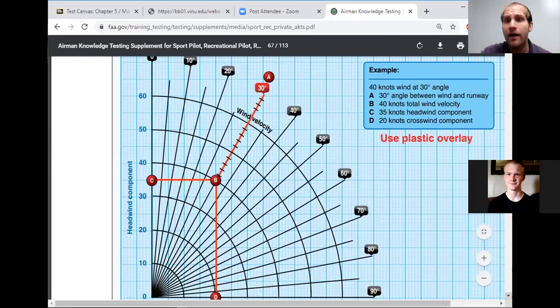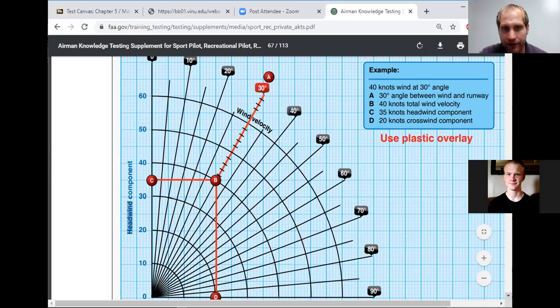We said that we think we should land on runway 14. We know that the wind is from 180. So that is a 40 angle difference. So right here is 40 degrees, and that is going to be the angle difference between the wind and the runway. Over here on the y-axis, where my mouse is, you can see this is where the headwind component is.